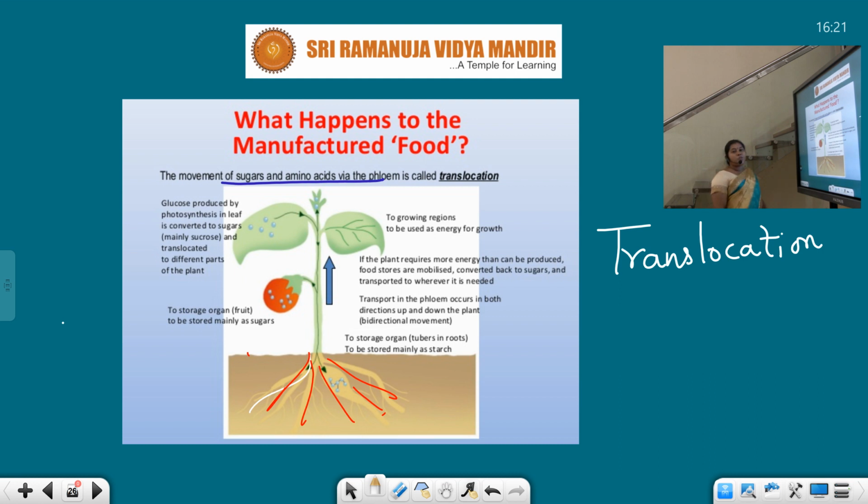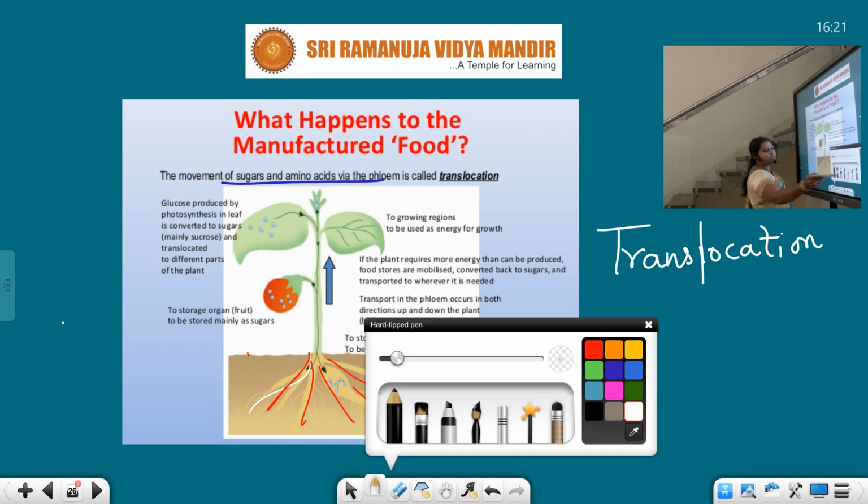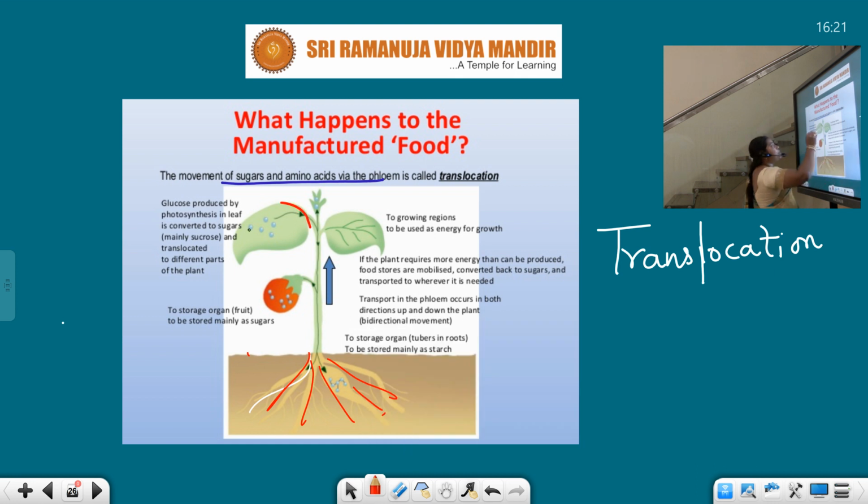Transpiration is different from translocation, children. See, here in the leaves glucose is synthesized. Glucose is nothing but a carbohydrate. Glucose is synthesized in the leaf body. Now whatever carbohydrate is synthesized should be converted into sugars and translocated to the different body parts.